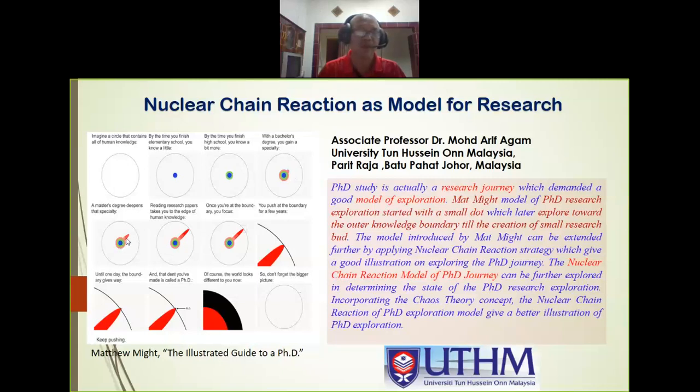And then this focus, when you got your master degree, you are being channeled to certain directions. So if you go deeply into these certain directions, keep on focusing on it during your PhD, you keep on exploring it, then eventually it comes to the border of the whole human knowledge. I mean, the border of your research.